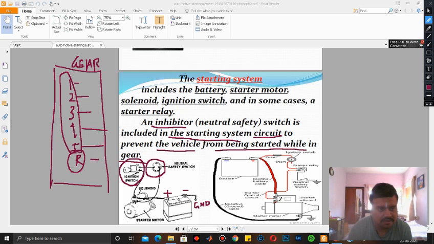Generally, if this is your gear stick, visible from the top, then it is connected like this.